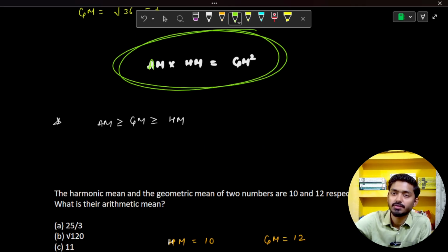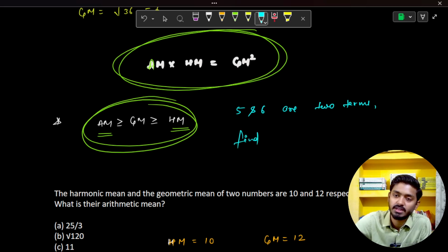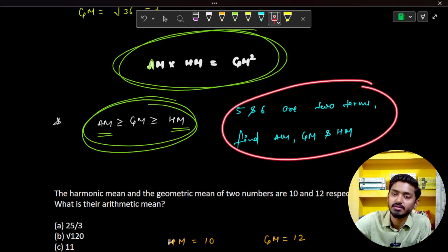You also have to keep this in mind: among the three, the value of arithmetic mean is the highest and the value of harmonic mean is the lowest. So if ever you are given a question, let's say, 5 and 6 are two terms, find AM, GM, and HM and compare the three, don't actually start finding AM, GM and HM.